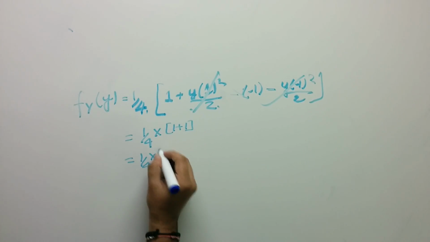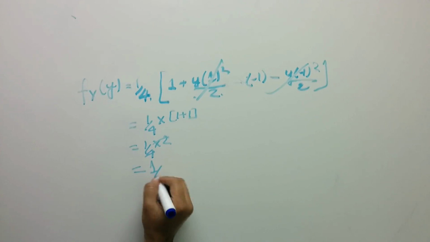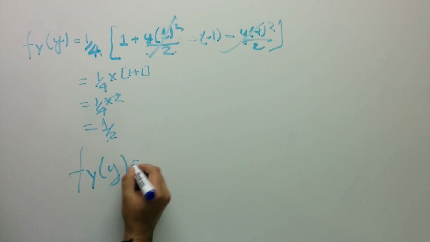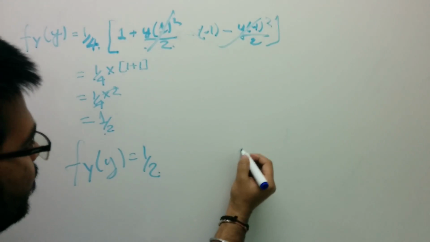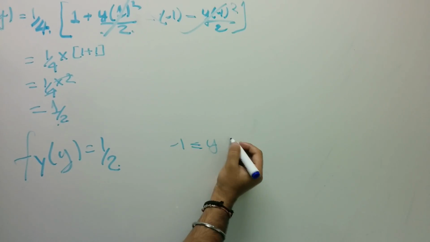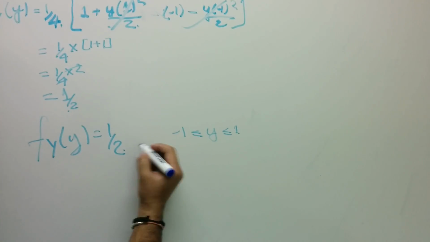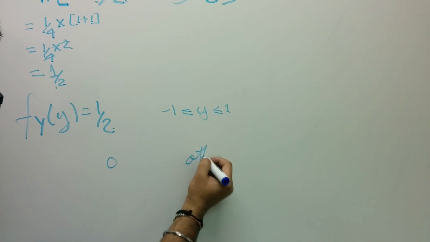So 1 upon 4 into 2 gives the value half. So the marginal PDF of y is half for -1 less than or equal to y less than or equal to 1, and it is 0 otherwise.